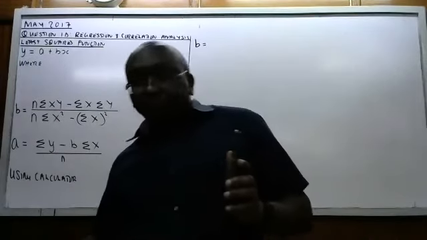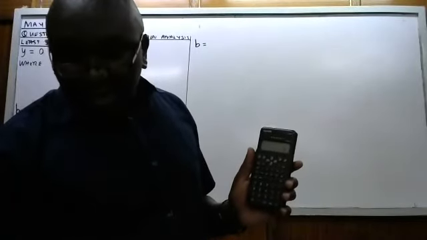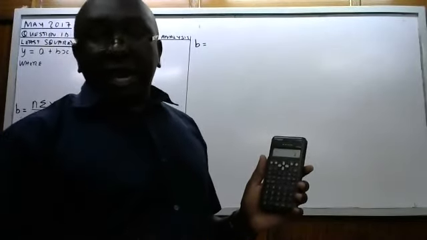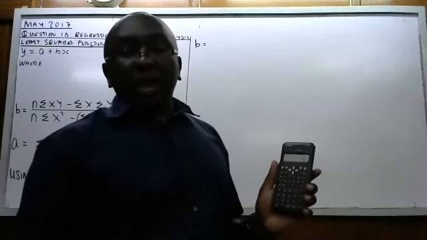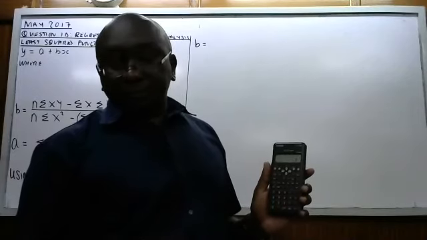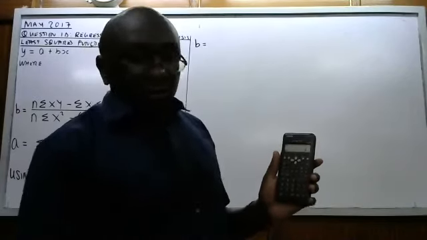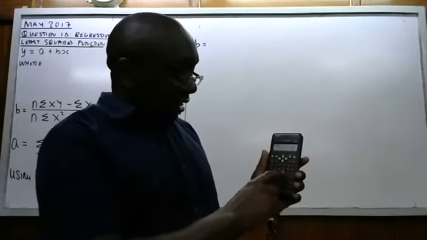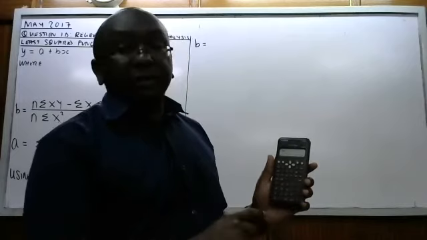Income is in thousands, but the expenditure is not in thousands. So even expenditure, we have to put it in thousands. So we drop the zeros. That will be, you press 15, 2, M plus.